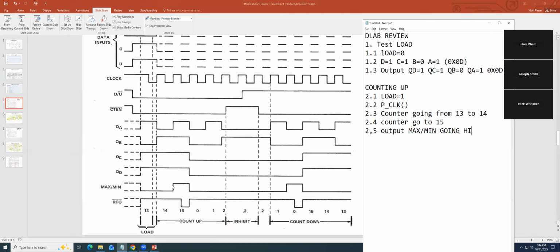Let's go. See, it's high when you go to 15. They go high. Right. Okay. Then RCO going low. Go low when you go to 15. However, you can see you get a high here, you get a high here. See that? Right. So both maximum and RCO will be high.